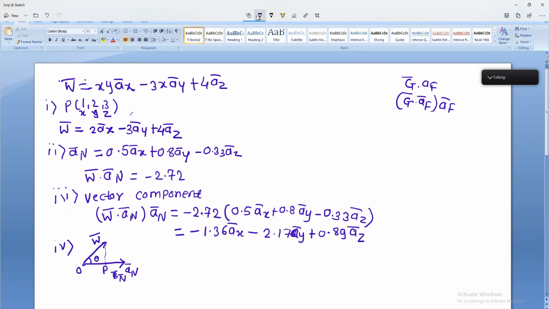Now the question is to find theta, the angle between W bar and a bar n. So what is the formula to find this theta? Which product are we using to find theta?